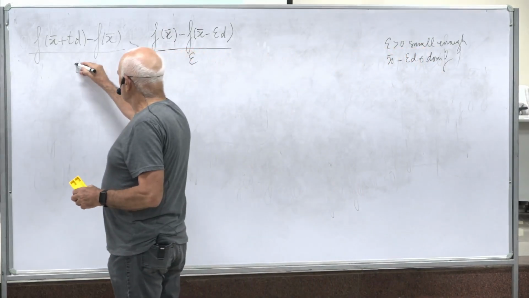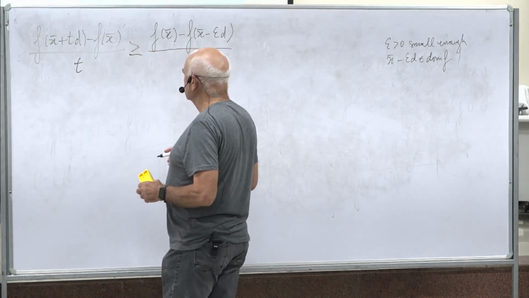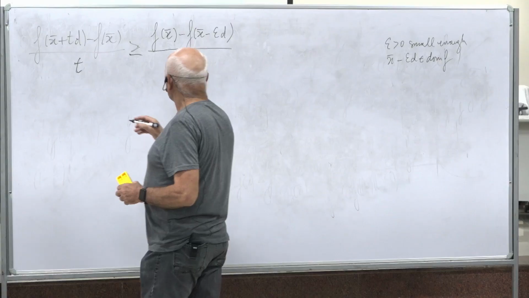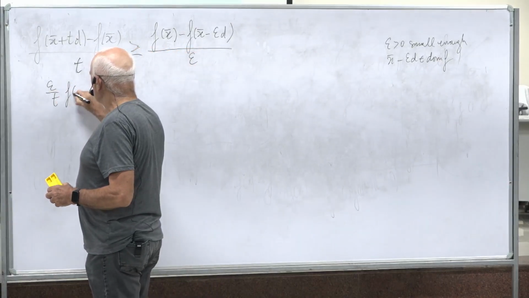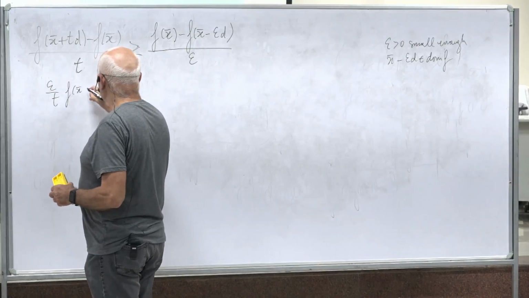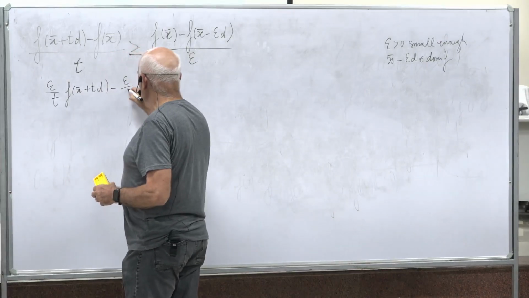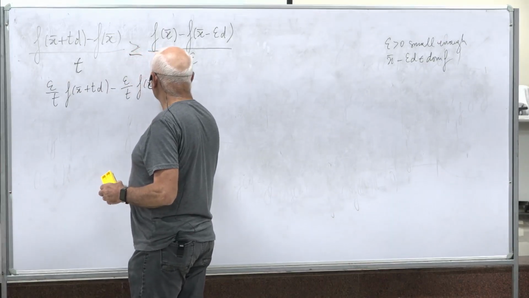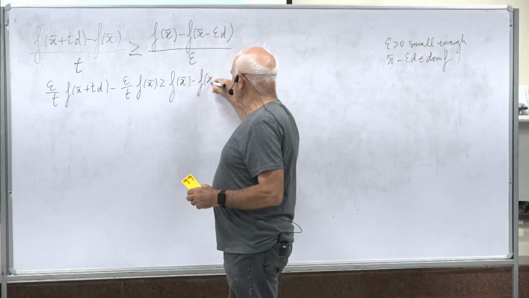So if we solve this equation for f of x bar, what do we get? I don't want to make too many mistakes. So epsilon t f of x bar plus td minus epsilon t f of x bar greater than or equal to f of x bar minus f of x bar minus epsilon d.